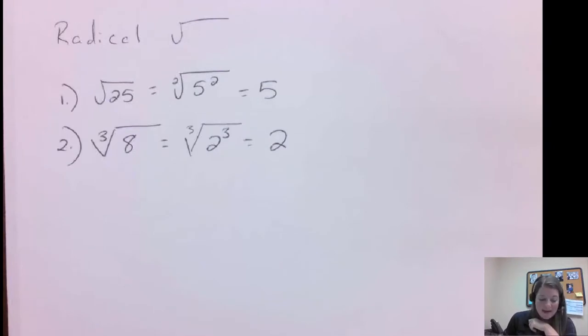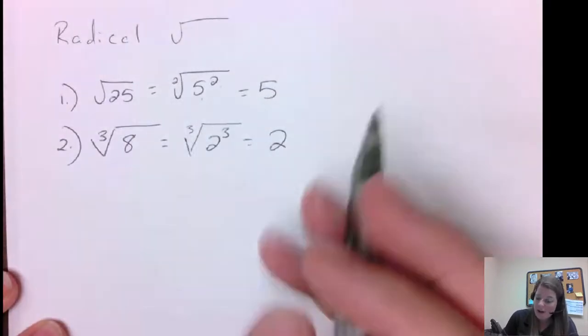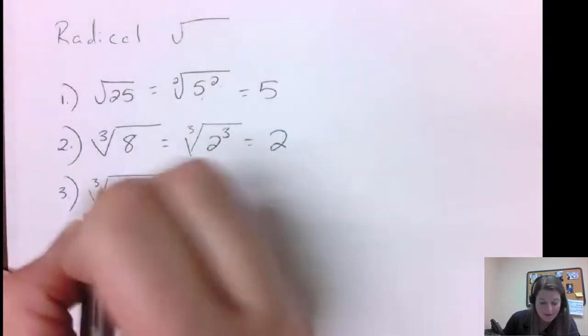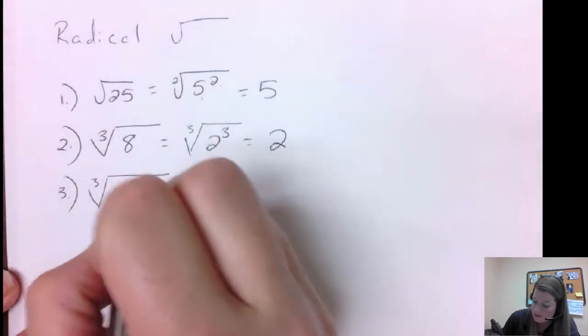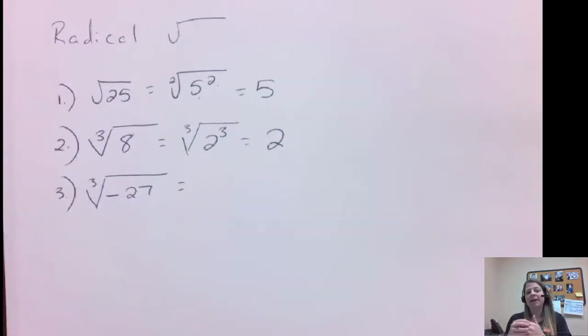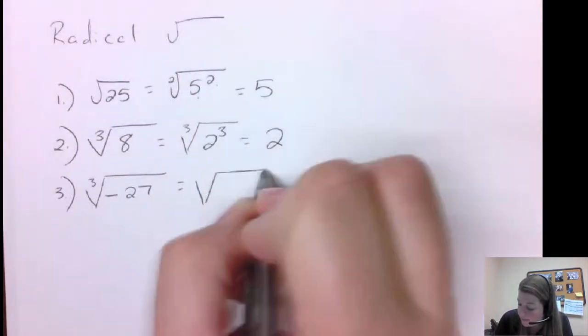So we know we can't have a negative under here because anything squared is positive. But on a third root you can, because it's 3 of them. If I had the third root of negative 27, what number times itself 3 times would give us 27? It's going to be 3, but it would be a negative 3.